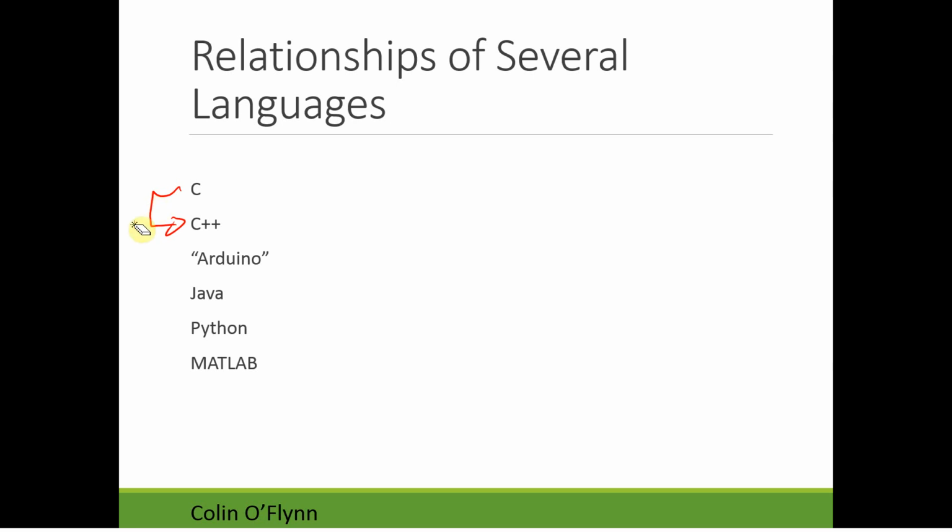The other popular language that people might have used, coming from the hobbyist side, is the Arduino language, as I call it. Not really a language per se, but the interesting thing is that Arduino is really just C++. So if you've written any Arduino code, this is very basic C++.